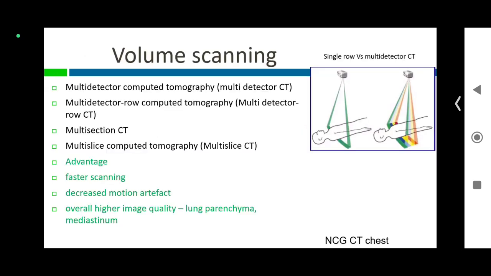We call this a multi-detector CT, multi-slice computed tomography, multi-section CT. All these indicate it is a volume scanning. That means the whole chest, whole thorax, is screened by the CT and then the image is reconstructed with the help of the computer.